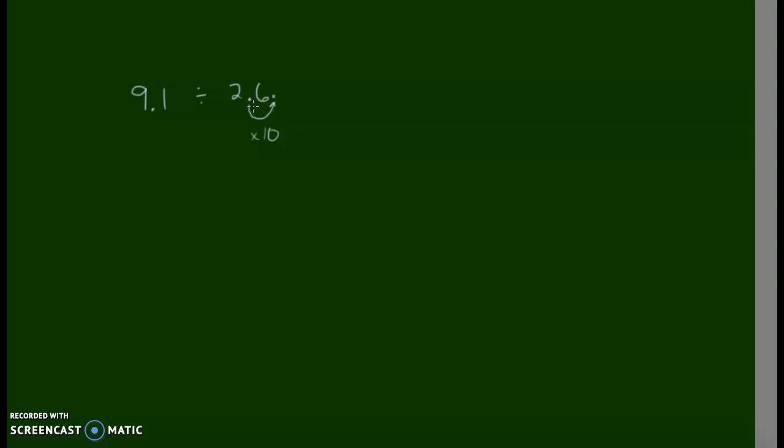If I multiply the divisor by 10, I also have to multiply the dividend by 10. So I'm going to multiply that by 10. So my decimal ends up there. So my new problem is 91 divided by 26.